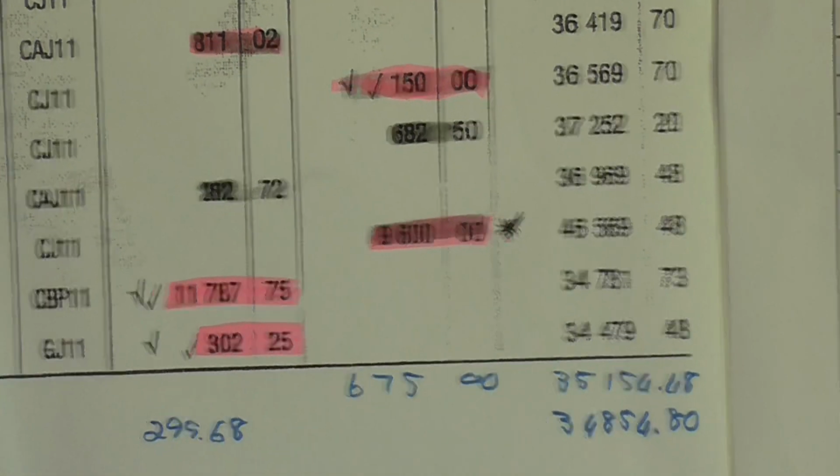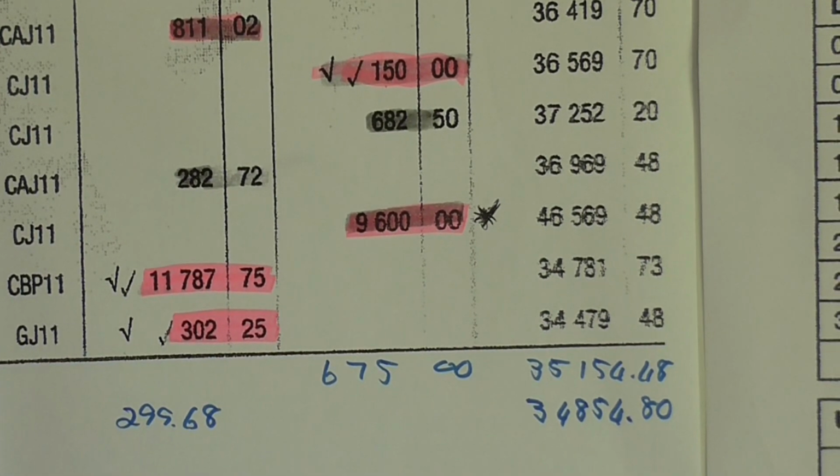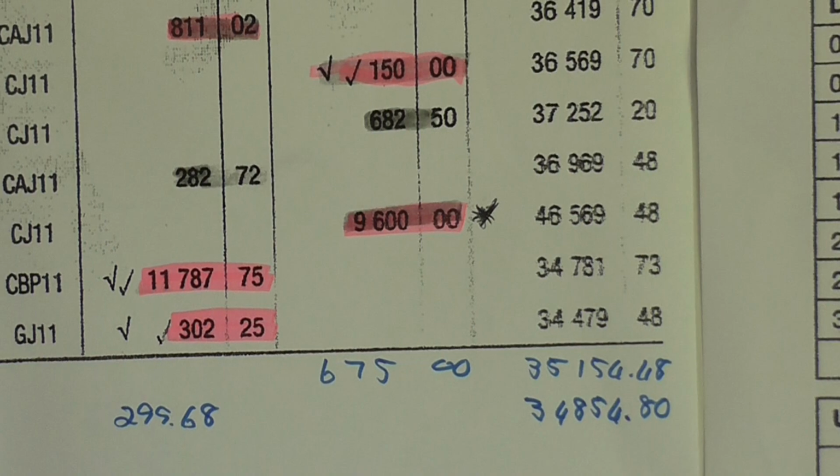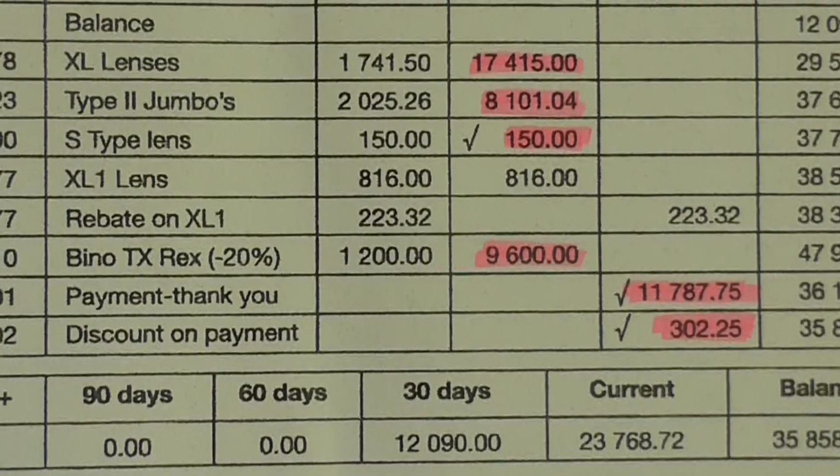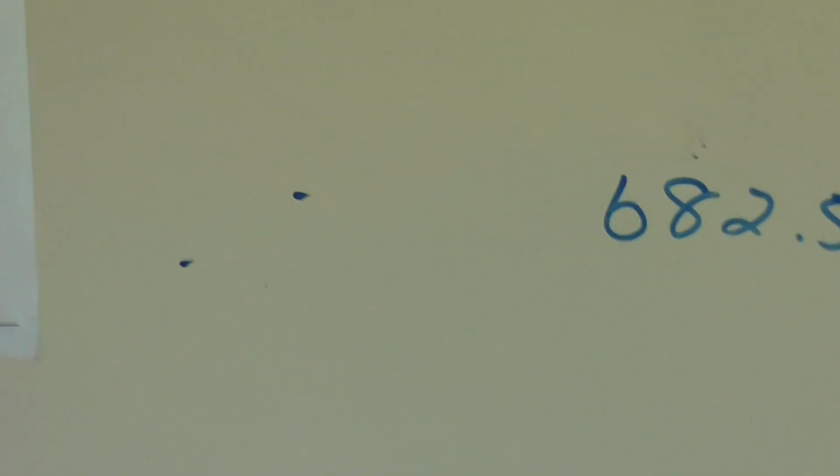And the amount is 682.5. Okay, so I'm just going to write 682.5 down there. Okay, so let's see what amount our creditor had for X24. They had 816. Okay.